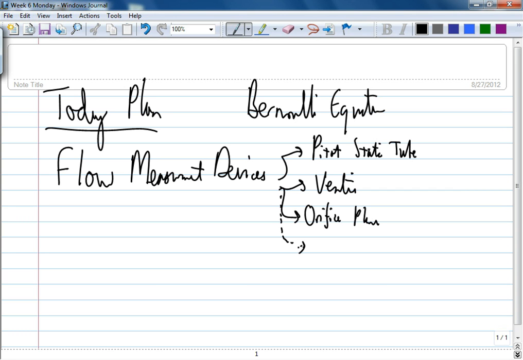There's also a subset there, I think they call a vane or something like that. With these three, there's this thing called the discharge coefficient, which I'll talk about.